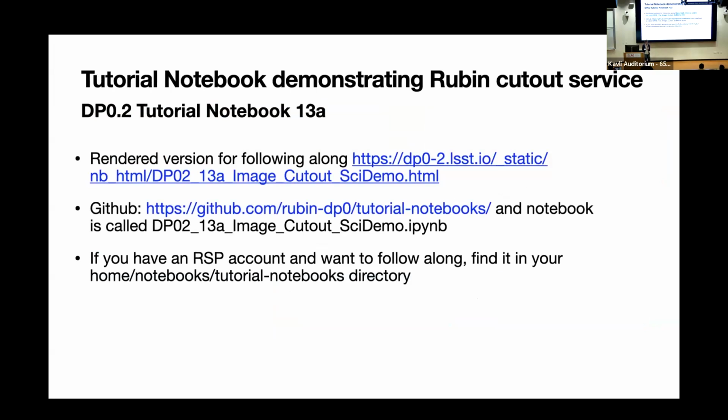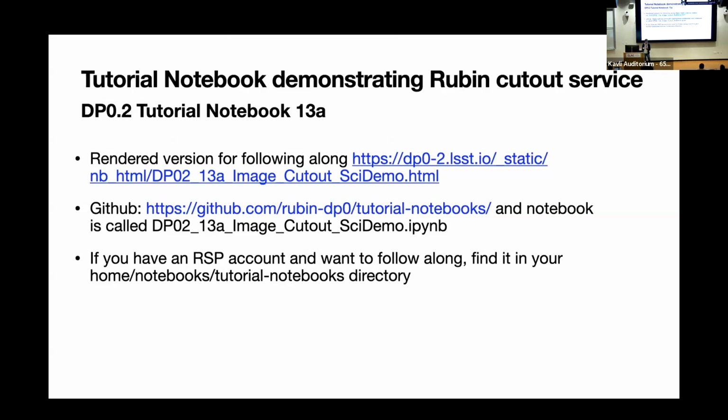Okay, so now I'm going to swap over to demonstrate how this works in practice with a tutorial notebook on the Rubin Science Platform. Earlier I posted links to the GitHub page that shows the actual notebook from the Community Science team's tutorial notebooks repo on GitHub. It's called DP0.2 tutorial notebook 13a. If you don't want to look at the GitHub code or the notebook on the RSP, you can look at a rendered version.